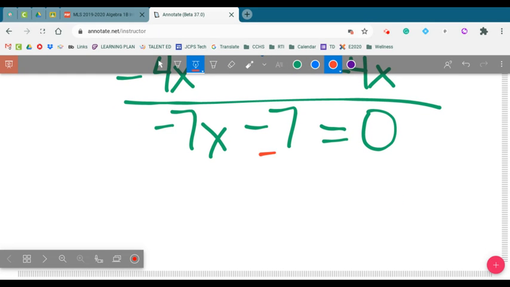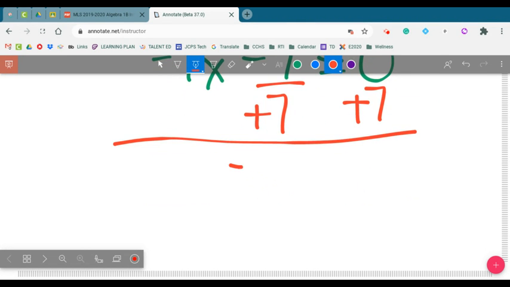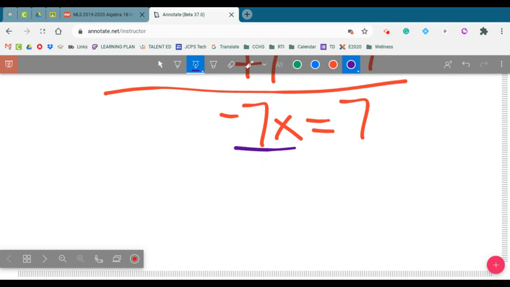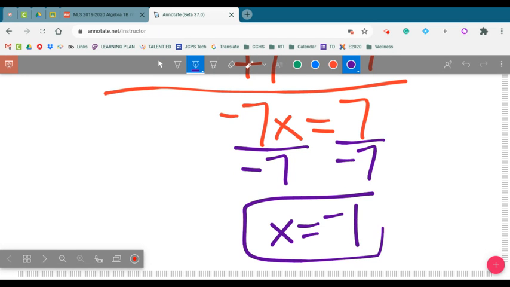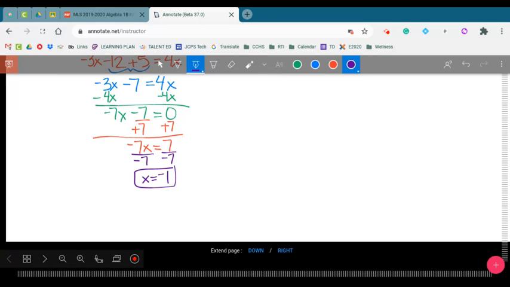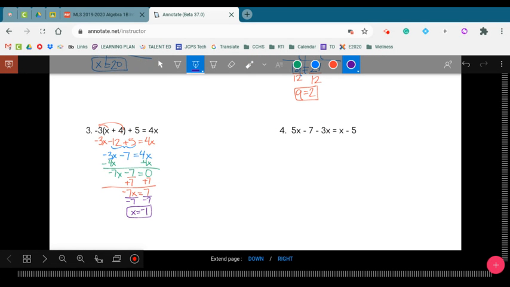My constant is this negative 7. The opposite is a positive 7, so I'm going to add 7 to both sides. I get negative 7x equals 7. Last step, divide by negative 7. You get x equals negative 1. If this is going too fast, you are welcome to slow down and rewatch. That one there was multiple steps too, so keep that in mind.